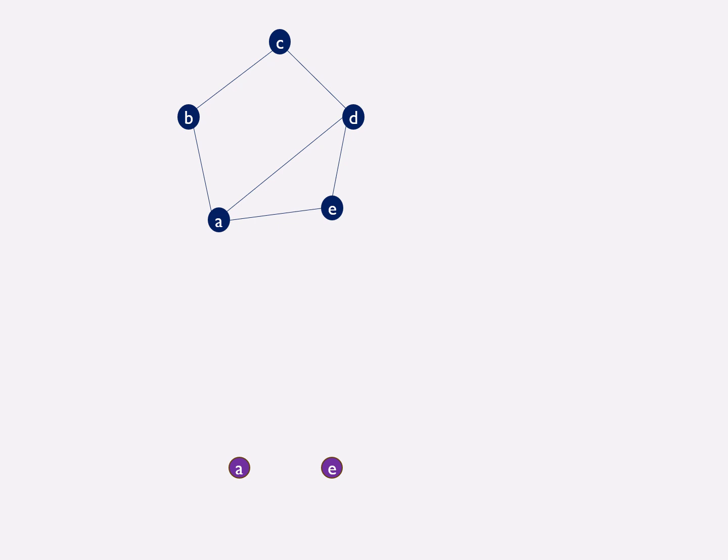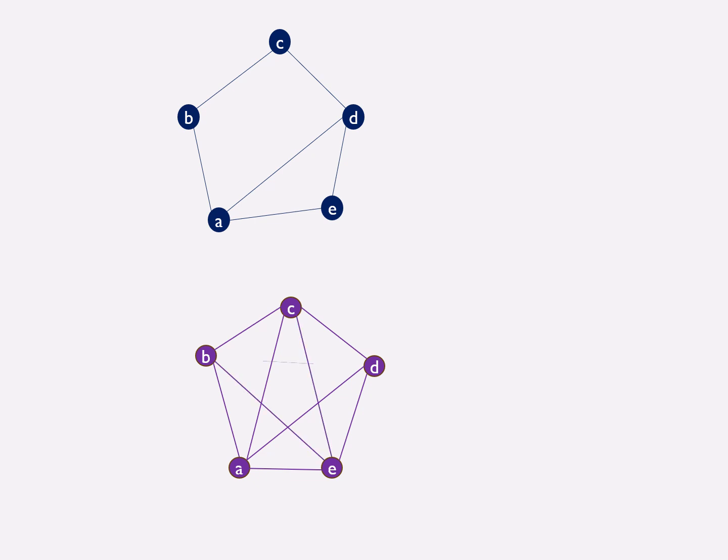Now let us draw a complete graph with 5 vertices. So these are 5 vertices A, B, C, D and E. Now I am drawing edges between all possible pairs of vertices. So there is an edge between AE, AB, DE, CD, CB, AC, AD, EB, CE, and BD.